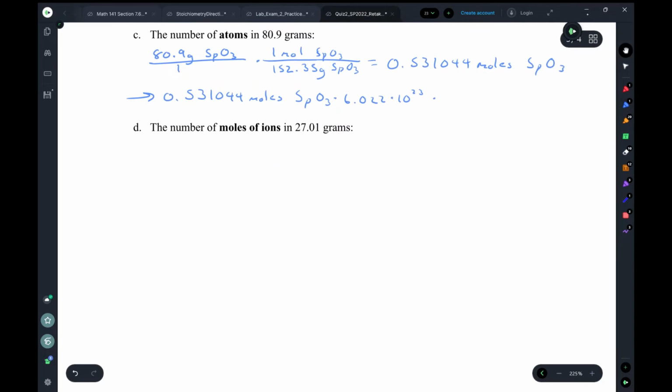It's best to just visualize this, as there's going to be 1 SP, while there's going to be 3 oxygen.